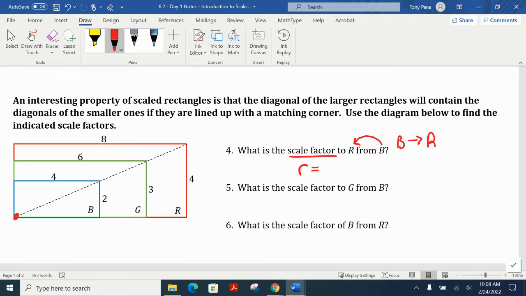So go to your blue rectangle. Let's start with the right-hand side of our blue rectangle right here. Notice how the right-hand side of the blue rectangle is a 2. If I look at the right-hand side of the red rectangle, that guy is a 4. So in that case, we went from a 2 to a 4. If we go to the top of the blue one, the top of the blue one is a 4. And we want to go blue to red.